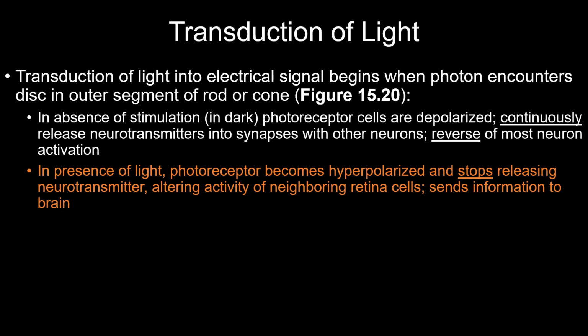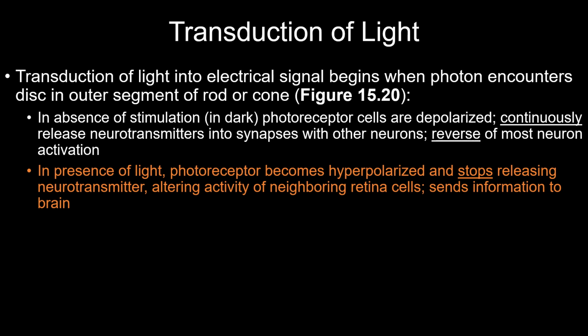Now, the fundamental difference between transduction in the retina and in other special sensory organs, okay? Remember that olfactory neurons and gustatory cells detect smell and taste stimuli and then respond by depolarizing and signaling another cell.